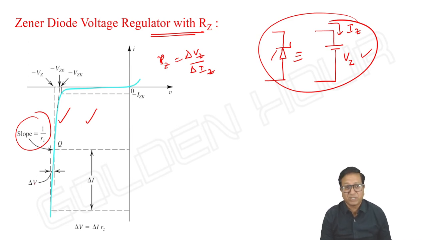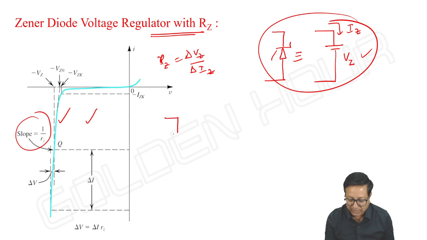Ideally the slope is infinite, so the reciprocal of the slope will be 0, so Rz will be 0. But here the slope is not infinite, it is a finite but very large value, and we take its reciprocal. In that case, what do we take instead of the Zener diode symbol?